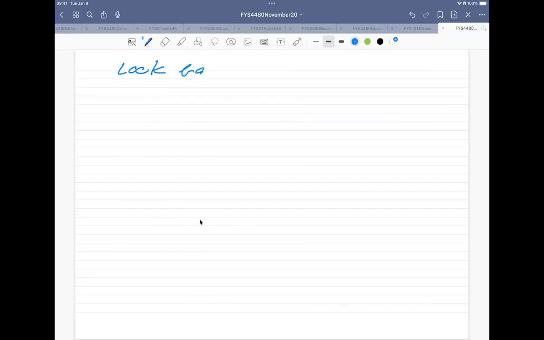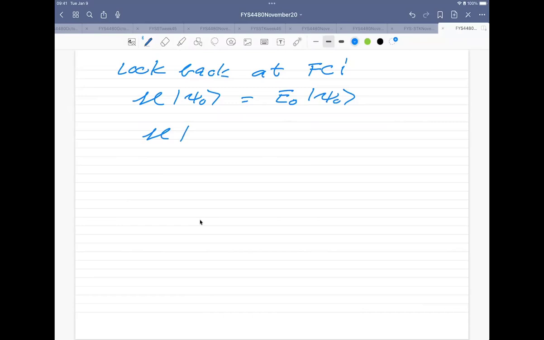And now we're going to look at this more clumsy way of setting up the FCI equations. So what we had with FCI, we have the Hamiltonian acting on the exact wave function, and this is equal to E0, the exact energy, times psi 0. Now, when we look at the equations, it's the Hamiltonian acting on this chain of Slater determinants. And now I'm going to set up all the determinants which we have.